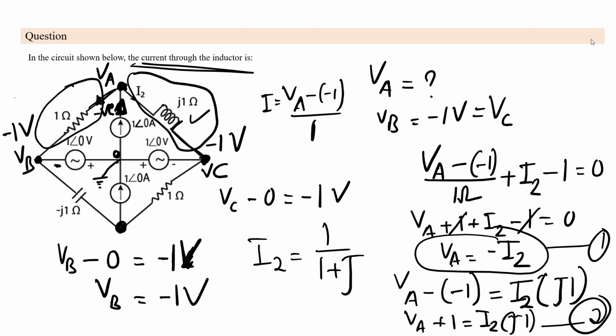Similarly, if you come to the C terminal, voltage VC minus 0 is equal to minus 1 volt. So the voltage across the C terminal will come out to be minus 1. So for finding the current across the inductor, you have to apply KCL across the terminal A.